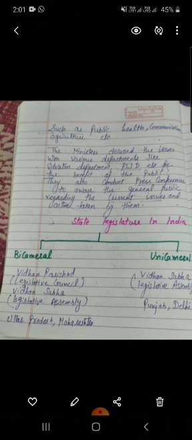Students, you know that some states are very big while some states are small. So, depending on the size of the state, the legislature is divided into two types, that is bicameral and unicameral. Bicameral means two houses, whereas unicameral means one house. In bicameral, the state legislature is divided into two houses, that is the Legislative Council or Upper House or Vidhan Parishad.